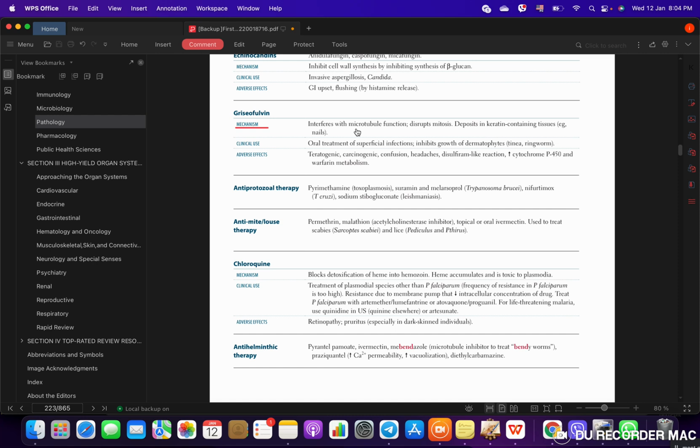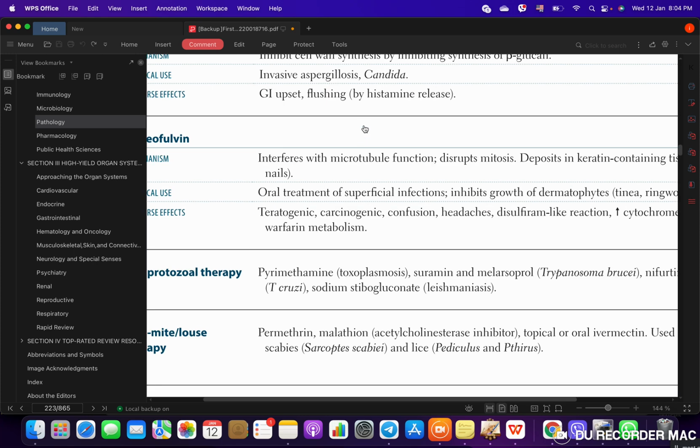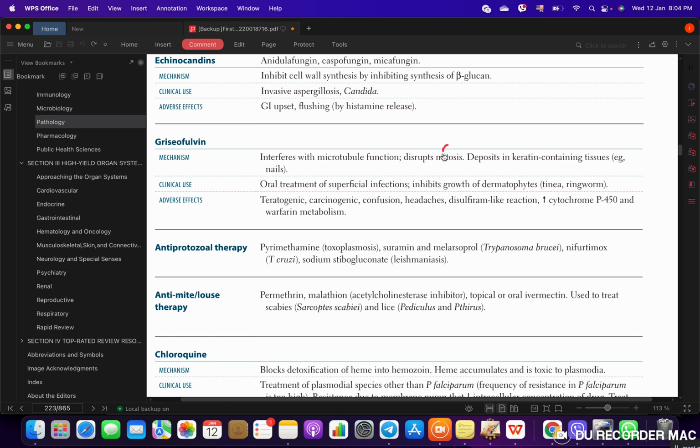Anybody know what other drug inhibits the microtubules? Well, we had albendazole was one, okay? So it interferes with the microtubule function, which disrupts the mitosis, so the cells cannot divide anymore.